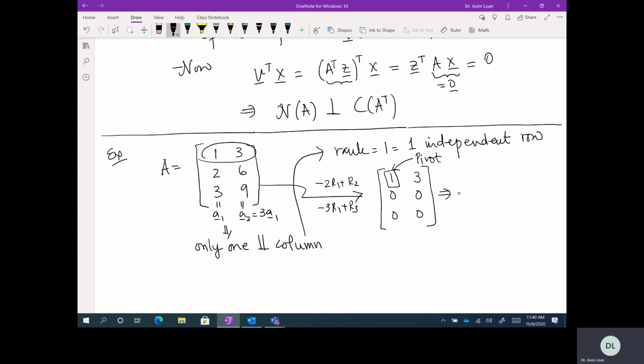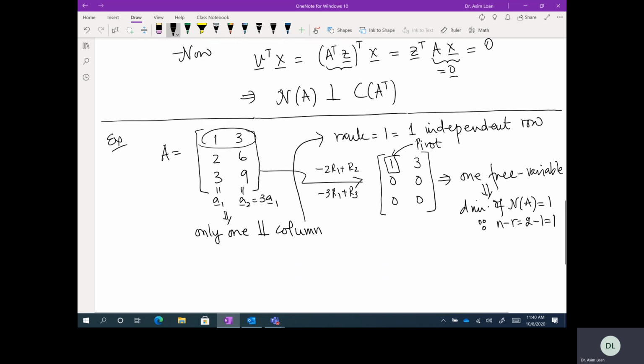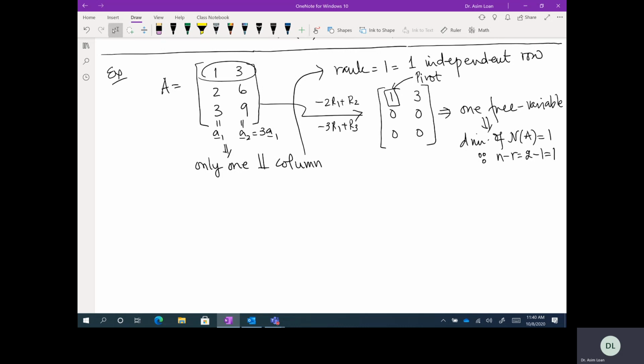So this implies one free variable. Since there is one free variable, this implies the dimension of the null space of A is also 1. Why? Because n minus r is 2 minus 1 equals 1. So before we find the null space, let's find the column space.